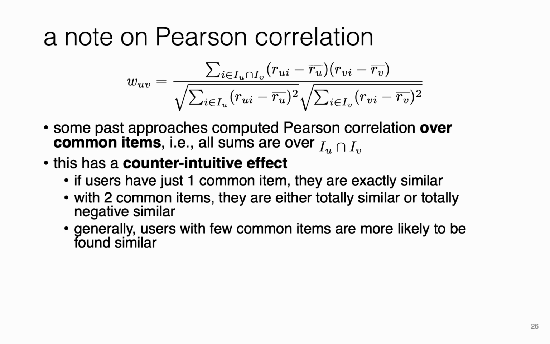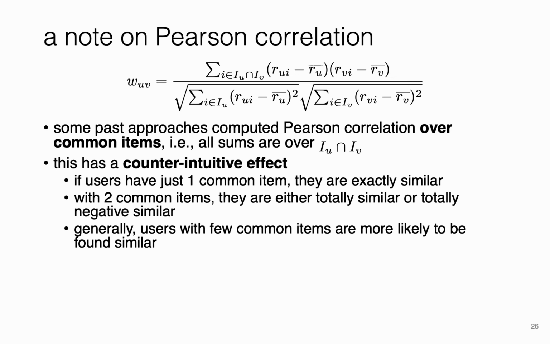For example, consider two users that have rated 100 items, but only 10 of them are commonly rated. Do we really want their similarity to be determined by the similarity in those 10 items and ignore the fact that there are 180 other items that they have not rated in common? So this is counterintuitive.